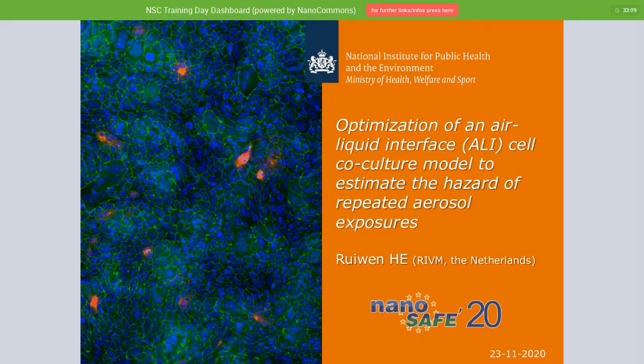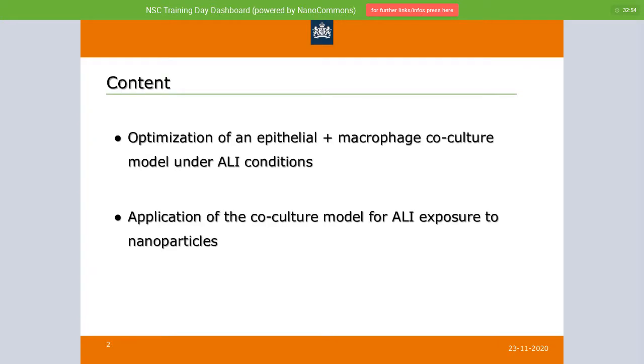As the two presenters introduced the alveolar cell models before, today I'm glad to introduce the optimization of an epithelial plus macrophage co-culture model under air-liquid interface conditions. And then I will show the application of this co-culture model for air-liquid interface exposure to nanoparticles.